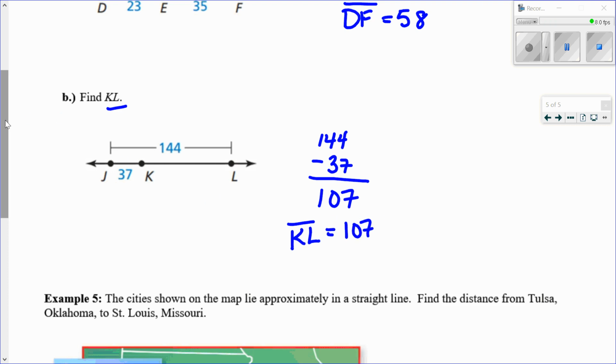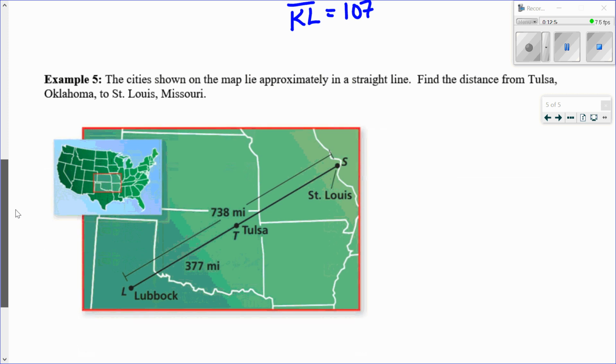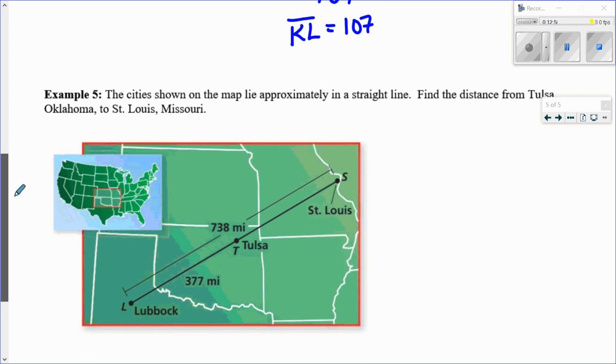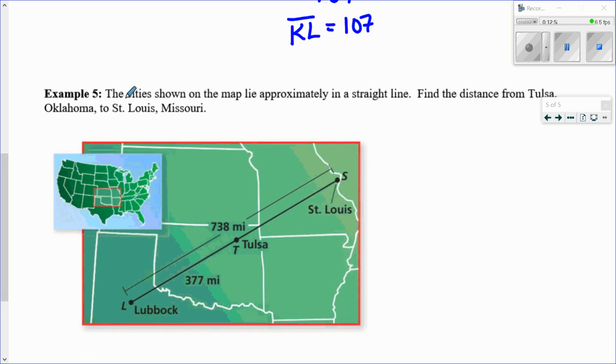All right, we're in the last example, and we are done. It's exciting. Okay, so example 5. The cities shown on the map lie approximately on a straight line. Find the distance from Tulsa, Oklahoma to St. Louis, Missouri. We have Tulsa right here to St. Louis. If you look, we don't have this piece. They give you Lubbock's and the whole thing. So again, it's kind of like the previous problem we just did.